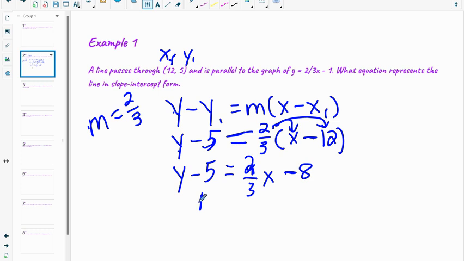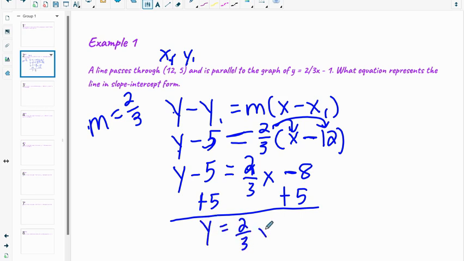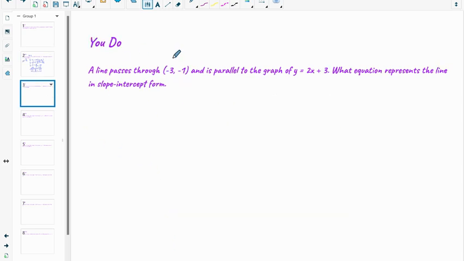Then we're going to add 5, and we get y equals 2/3 x, negative 8 plus 5 is negative 3. And so that will be our answer for this problem. Like I said, a prompt will come up. Go ahead and do the you do, and then check back for a solution.